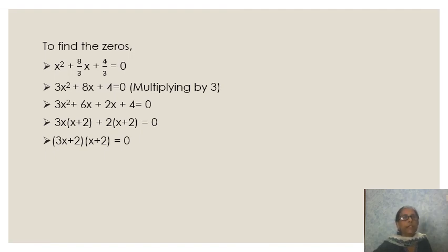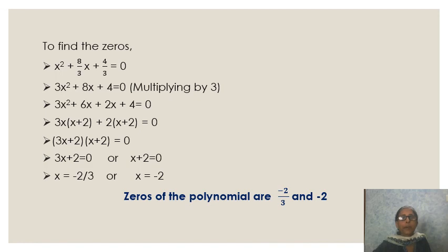You can write 3x plus 2 is equal to 0 or x plus 2 is equal to 0. Remember, see how to write: 3x plus 2 is equal to 0 or x plus 2 is equal to 0. Therefore, finding the value of x from these, you will get x is equal to minus 2 by 3 or x is equal to minus 2. But when you write the zeros of the polynomial, you write minus 2 by 3 and minus 2 are the zeros of the polynomial.